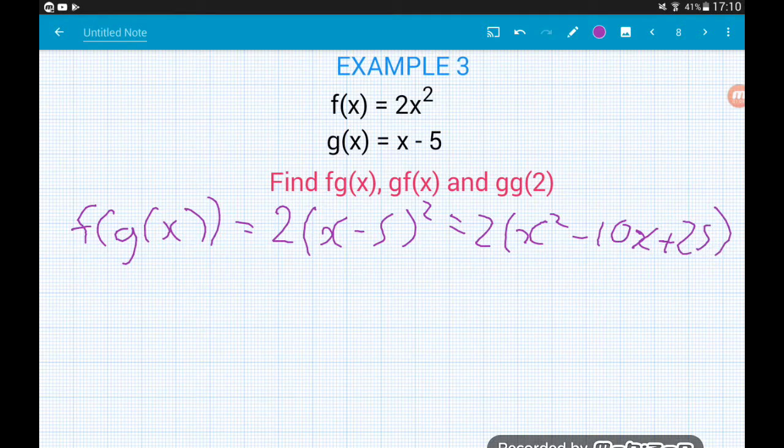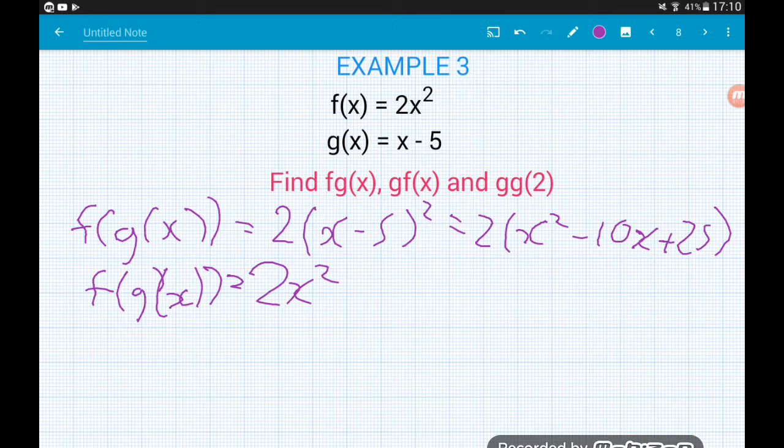And that will finally give us f of g of x is equal to, multiplying through by that 2, 2x squared minus 20x plus 50. So f g of x here is 2x squared minus 20x plus 50.